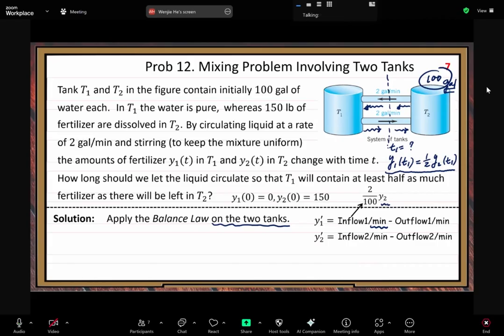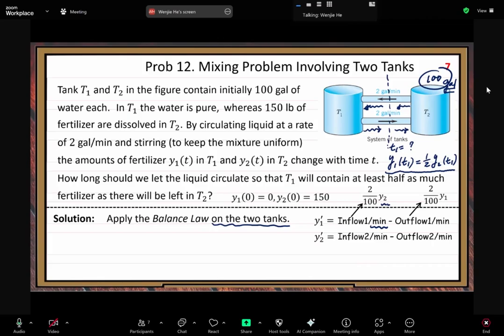That's the rate, per minute. Similarly, for outflow, 2% of the Y1 amount from T1 flows out, so minus that amount.